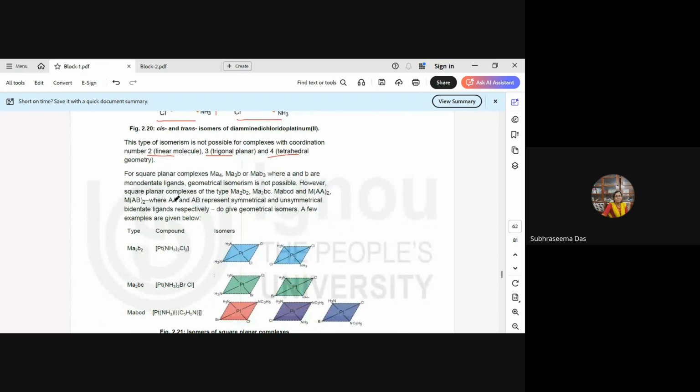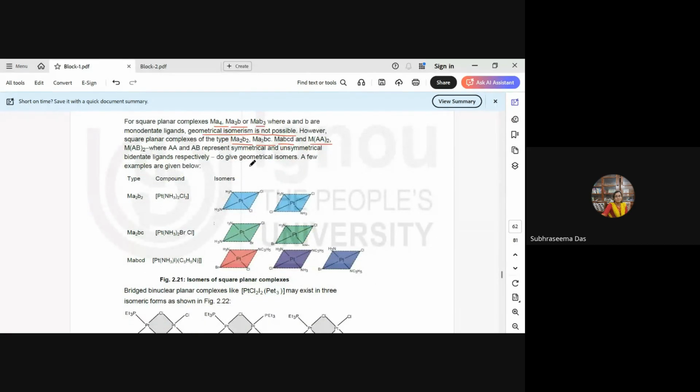For square planar complexes of the type MA4, MA3B or MAB3, geometrical isomerism is not possible. But complexes like MA2B2, MA2BC, MABCD, or with a bidentate ligand like M(AA)2, give rise to geometrical isomers.